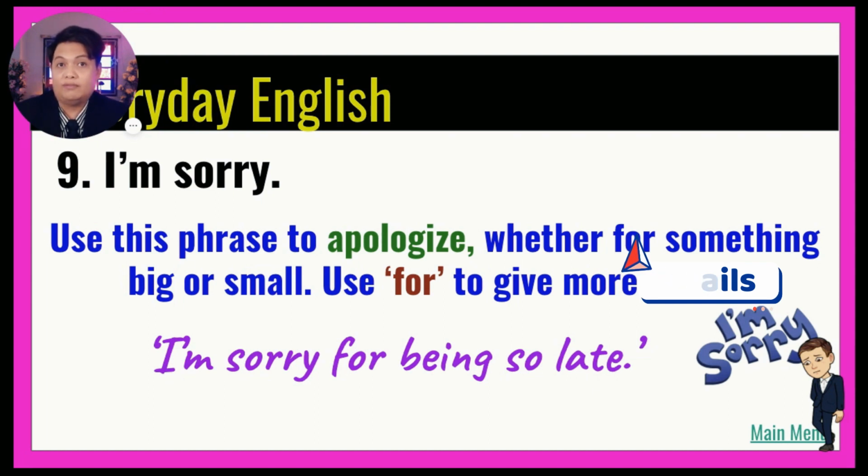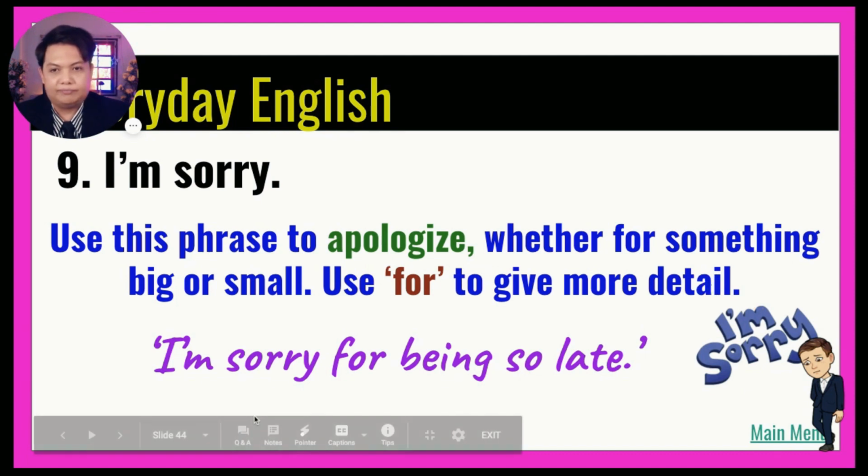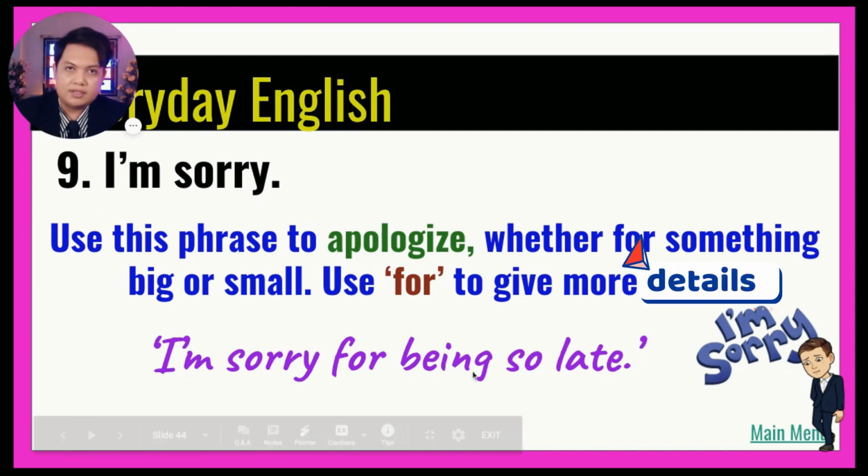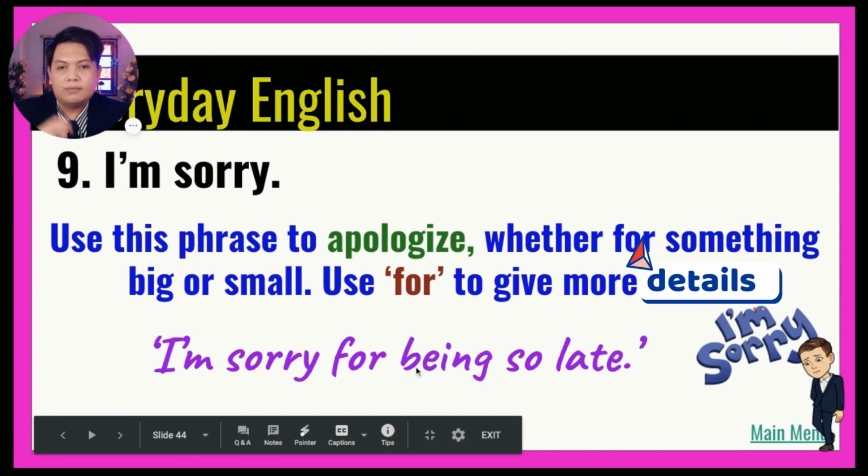Use "for" to give more details. So you could say, I'm sorry, then use "for," then the reason. Okay, one more. I'm sorry for being so late. Okay, again, I'm sorry for being so late.